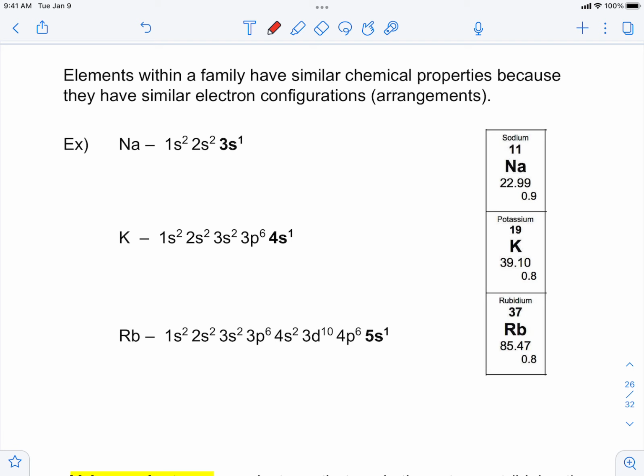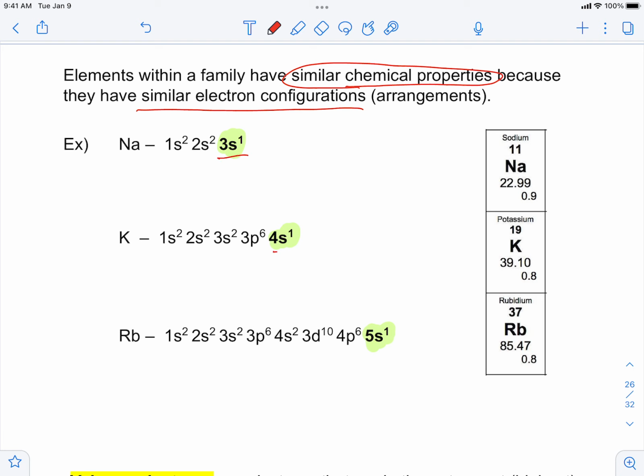Now, probably one of the main reasons why we even teach you guys electron structure is to focus on the fact that if elements are in the same family, they will have similar chemical properties because they have similar electron configurations. And really, the most important part of the electron configuration is the ending.